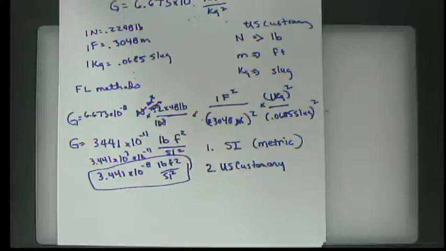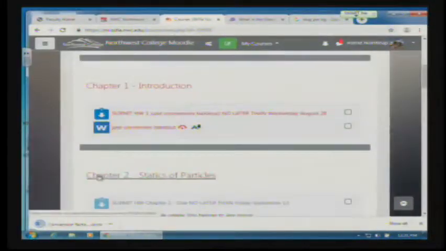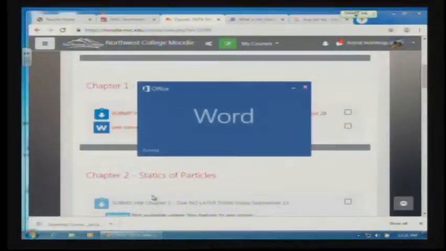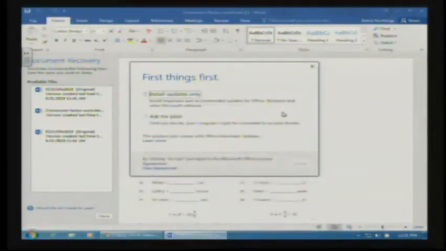And that's actually what your first homework is going to involve. So I want you to work through this unit conversion handout that is on your Moodle page. So I'm going to take a look at a couple of the problems, if the computer will actually keep this up. Ask me later.